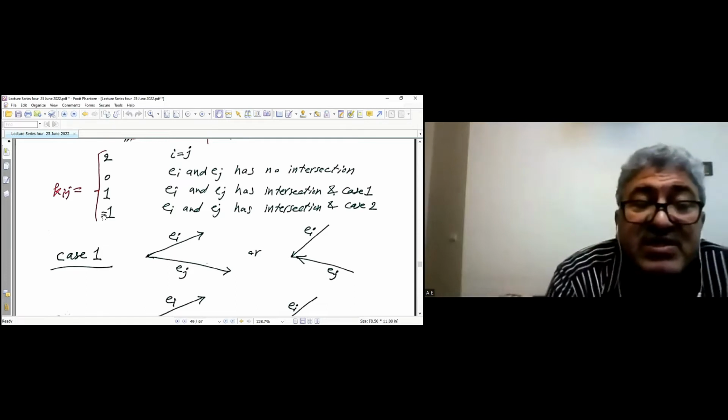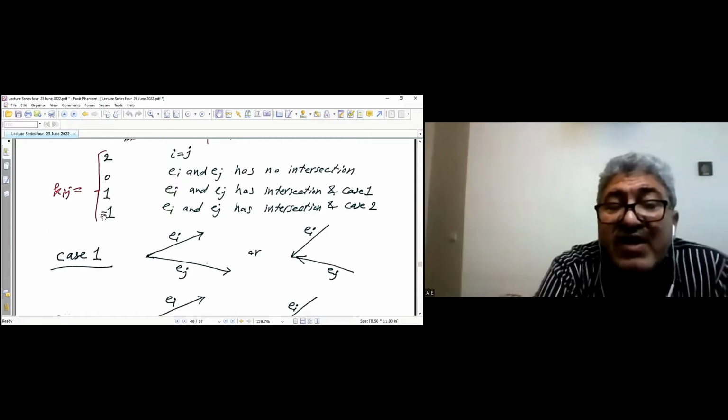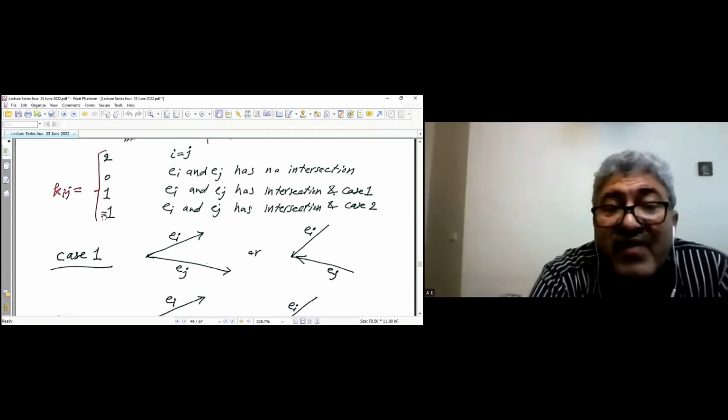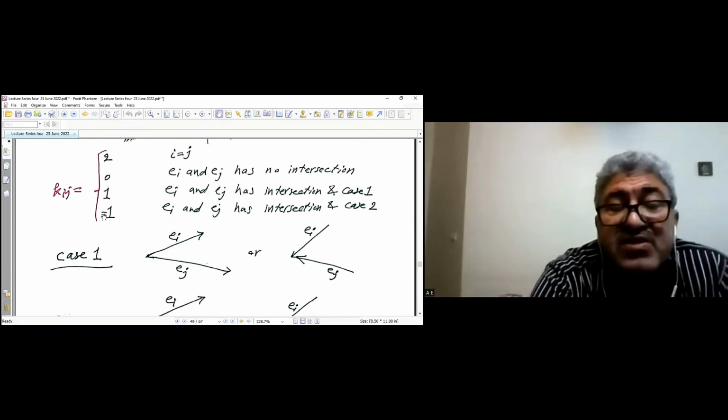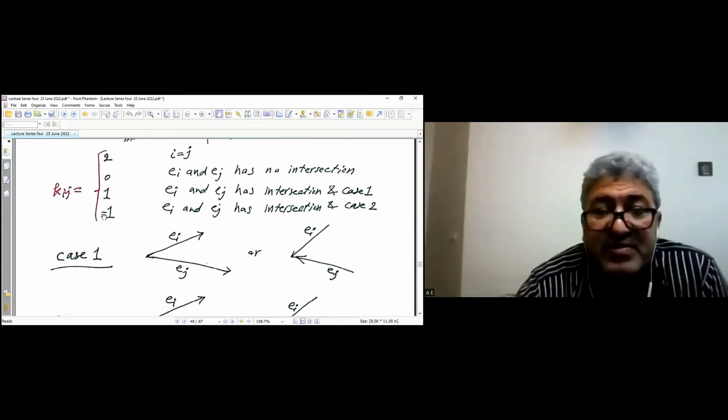So in the edge Laplacian matrix, we have 4 values for the entries: 2, 0, 1, and -1.